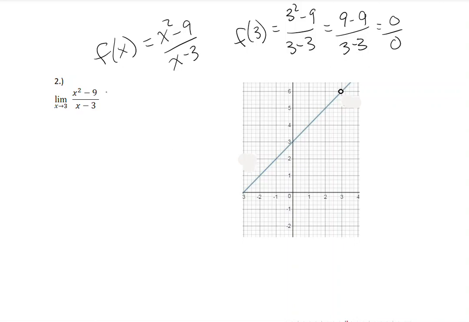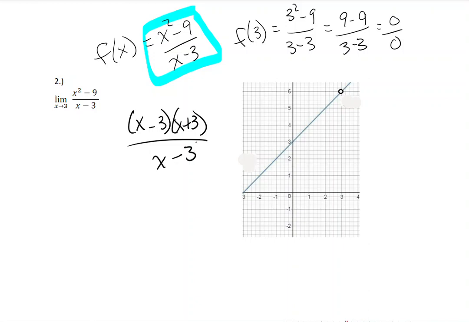If we look at this, though, this is something that we have seen way back in semester 1, where we can take this form and factor the numerator, and what we end up getting is just x plus 3.